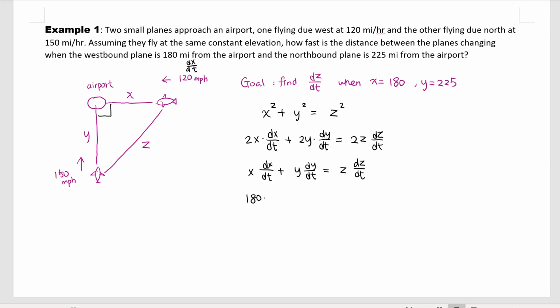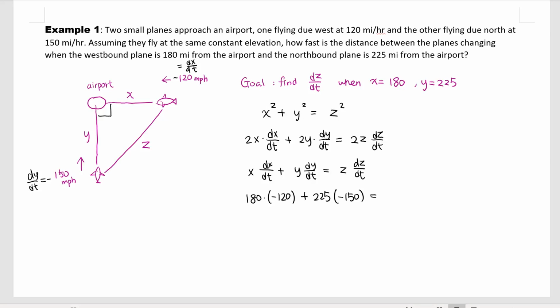Yeah, and furthermore, because the distance x is decreasing, the dx/dt should be negative 120. The y is 225. How about dy/dt? Well, the distance y is also decreasing, so dy/dt is negative 150.